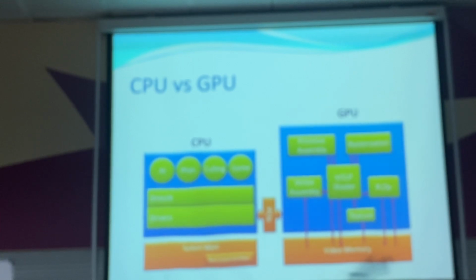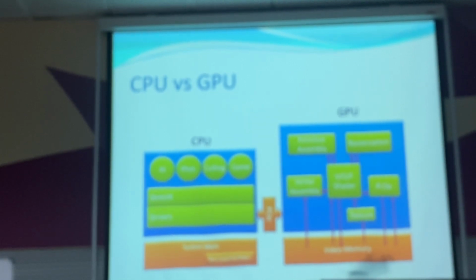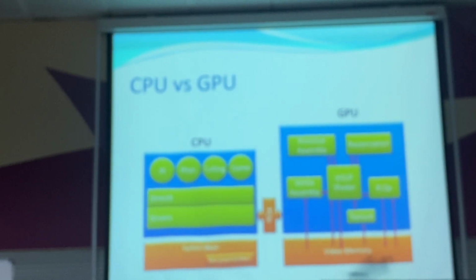CPU is your central processing unit, and GPU is your graphic processing unit, your graphic card. Your graphic card resides alongside your CPU. Your CPU will do the rest of the system job.